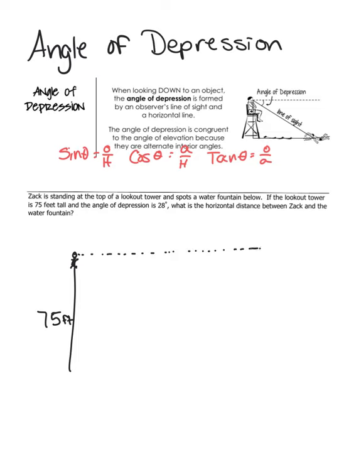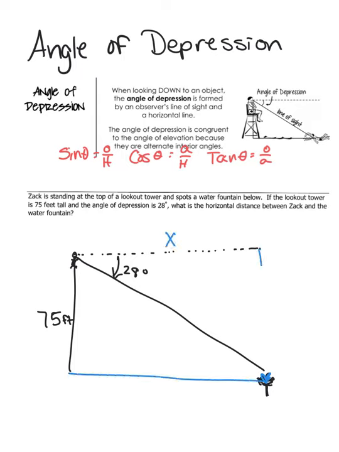But he looked down at an angle of depression of 28 degrees. And when he looked down, he saw a water fountain. We're going to say it had water in it. And he wants to know what the horizontal distance is from him to that water fountain.